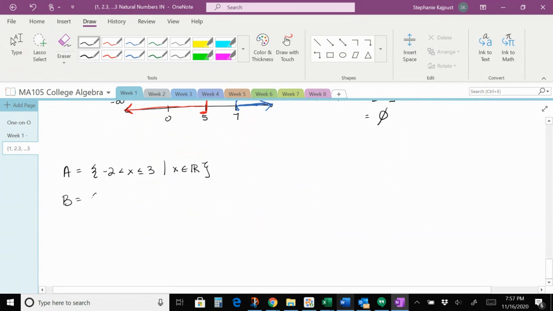And then B is equal to x greater than or equal to -2. And again, we want to find the union and the intersection, just to practice these.